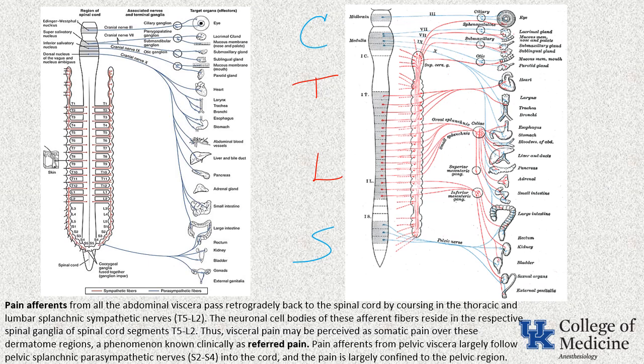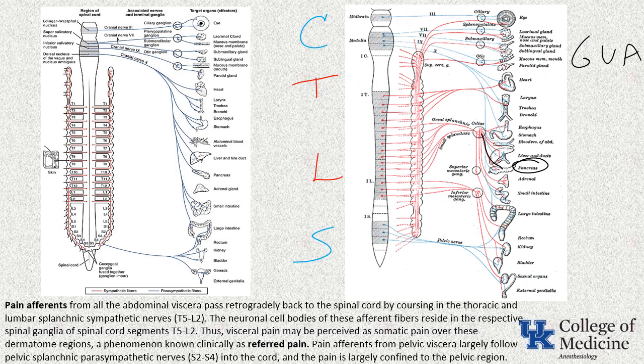But as discussed, the general visceral afferent fibers, your sensory and pain fibers of visceral structures, travel along with the autonomic nervous system. For example, say we have pancreatic cancer. Your general visceral afferent is going to run with a sympathetic fiber.